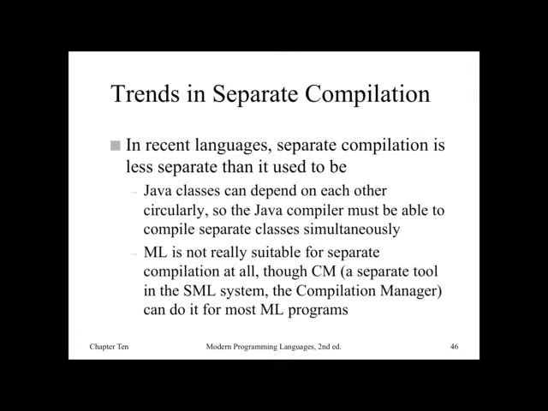ML is not really suitable for separate compilation at all, although there are ways to do it, which I don't really care about at this point, and I don't know that you should either. But there is an evolution where, since separate compilation is less of a thing you have to contend with, there are increasingly tools and mechanisms in languages that allow you to handle that.